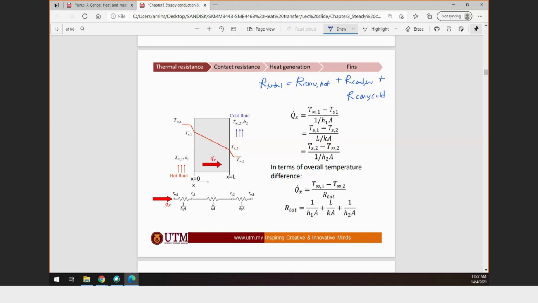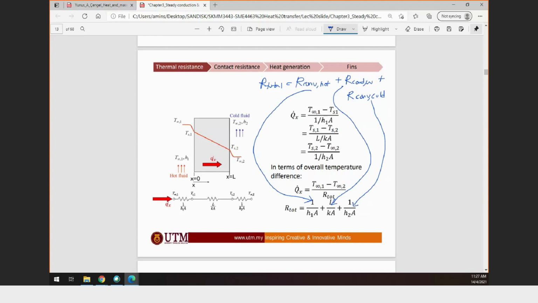So what is the R convection for the hot? This one. What is the R conduction for the wall? This one. And R convection for the cold is this one.